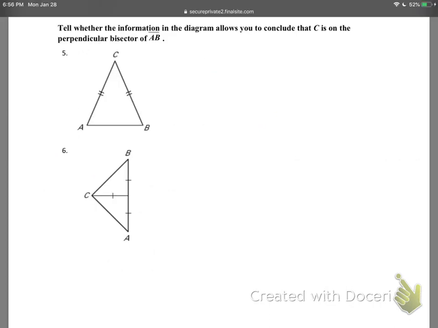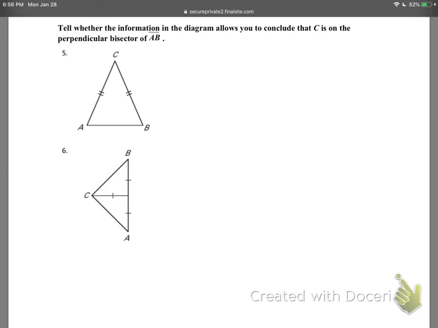Okay, now question 5 and 6 are figures, and above the figure it says, tell whether the information on the diagram allows you to conclude that C is on the perpendicular bisector of AB.